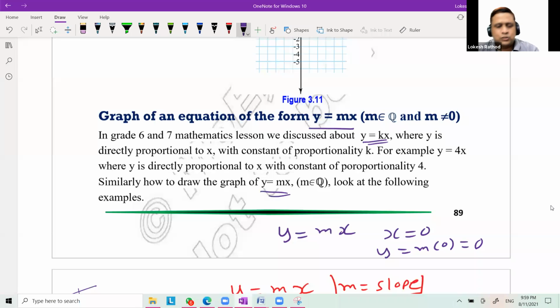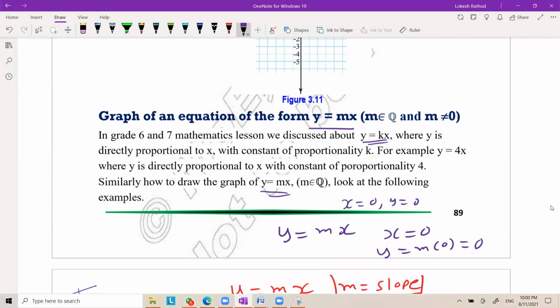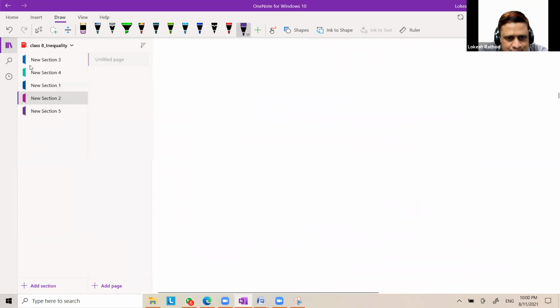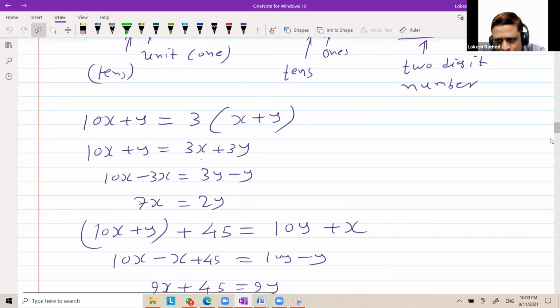So y equal to mx, this kind of graph will always pass through the origin. Why? Because if you put x equal to 0, y equal to 0, that satisfies this kind of equation: 0 is equal to 0, so that is getting satisfied. So all graphs of the form y equal to mx pass through the origin, right? So it's this kind of graph.